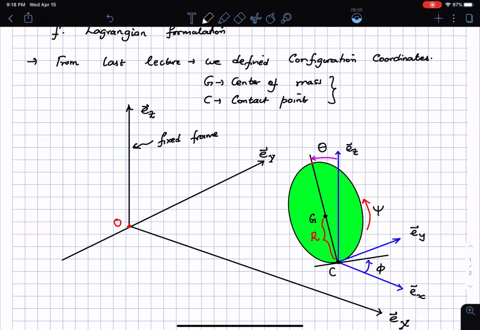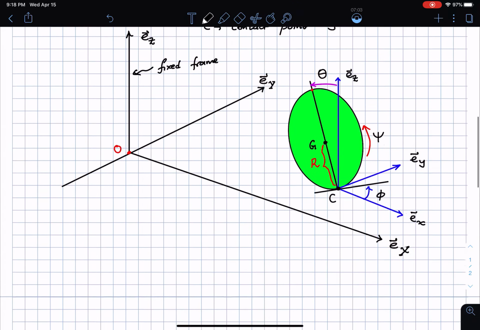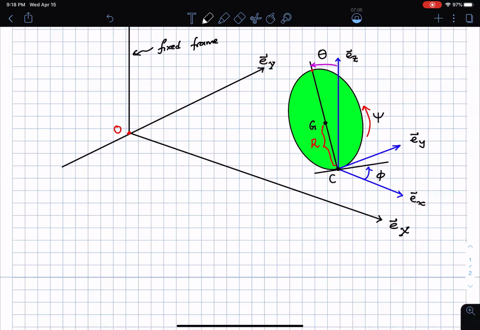So from last class, we said that this capital EX, EY, EZ is a fixed frame. Based on that, I can define the configuration coordinates as the following.